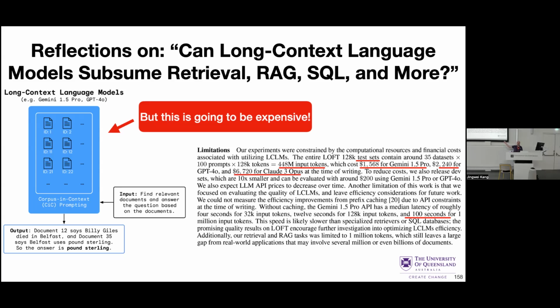So here is from their paper, them telling you: yes, we ran our experiments. We had 448 million input tokens throughout all our experiments. We used the APIs, and it cost us $1,500 for Gemini or $6,000 for Claude.